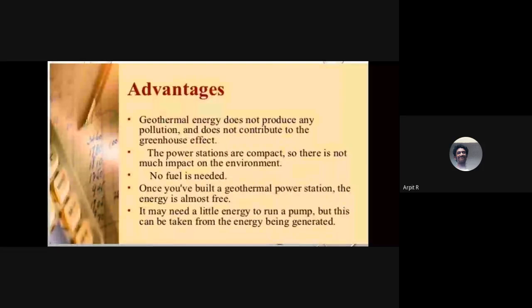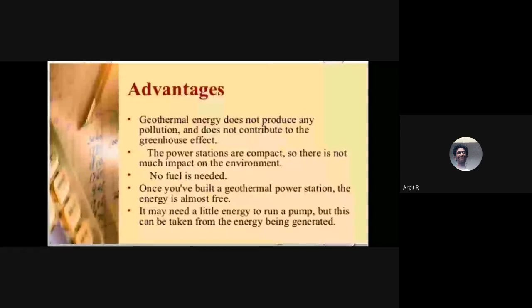Then, advantages of geothermal energy. Geothermal energy does not produce any pollution and does not contribute to the greenhouse effect. Low emission of greenhouse gases like carbon dioxide occurs. Therefore, this is the most important advantage of geothermal energy production.